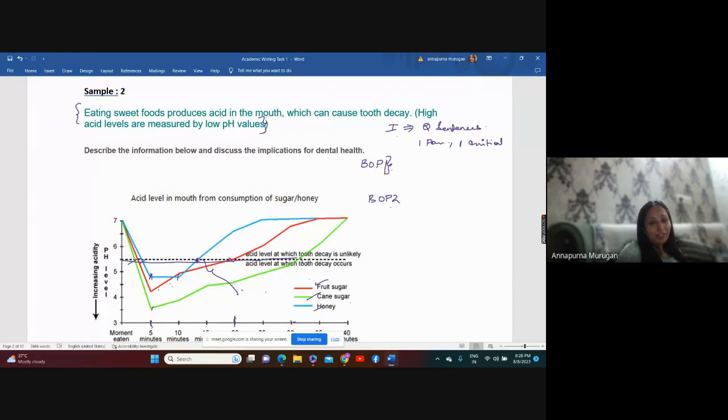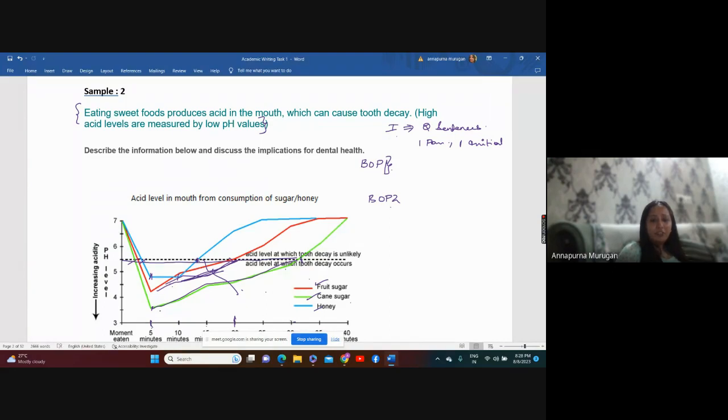We are not describing that it is rising up and down. This is the mistake each student will make. They try to describe this movement. No, you say below the threshold frequency for how many minutes it will be.